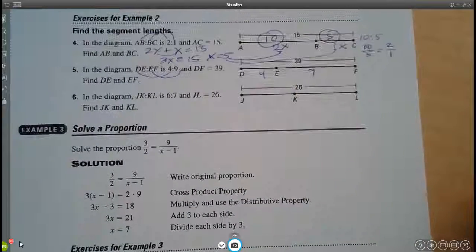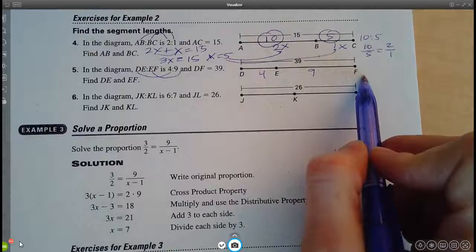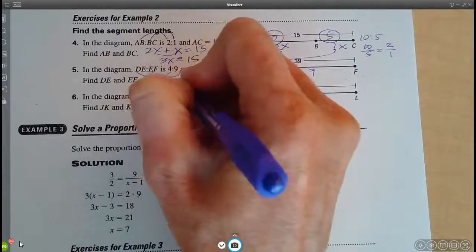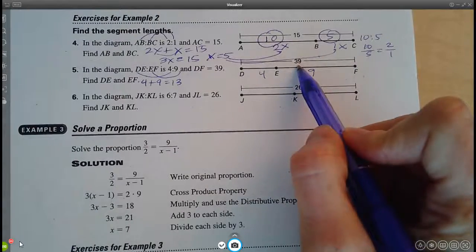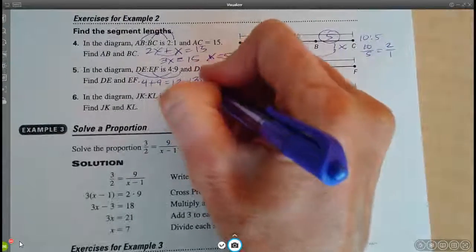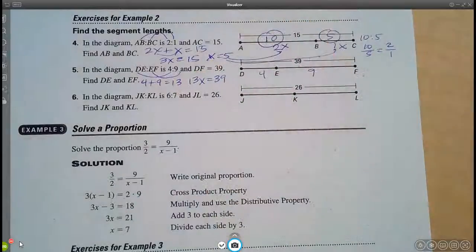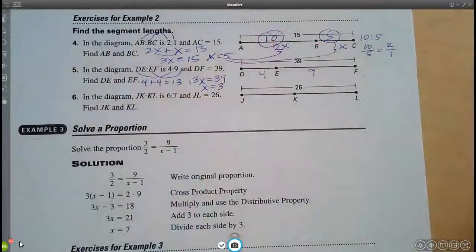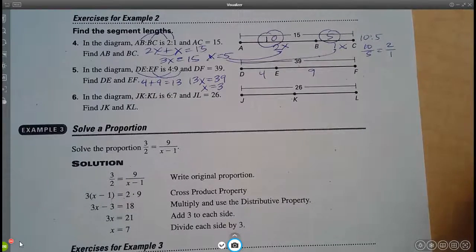Some people like to think about it this way. 4 plus 9 is only 13. Okay? Not 39. 13 times some factor would equal 39. And of course that factor would be 3. 13 times 3 equals 39.